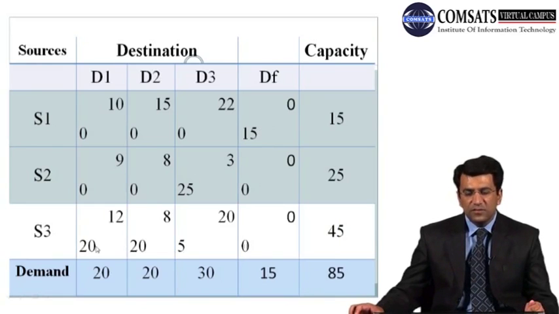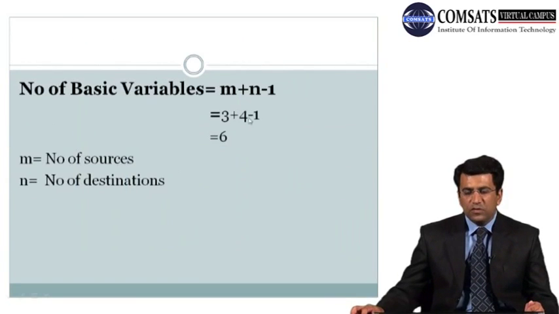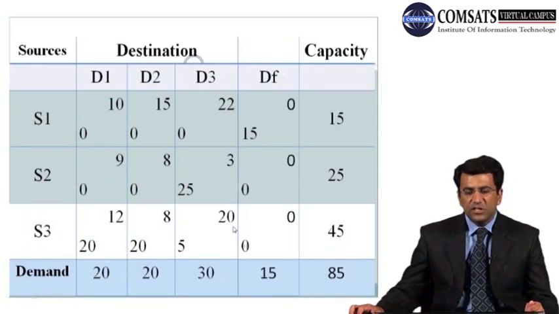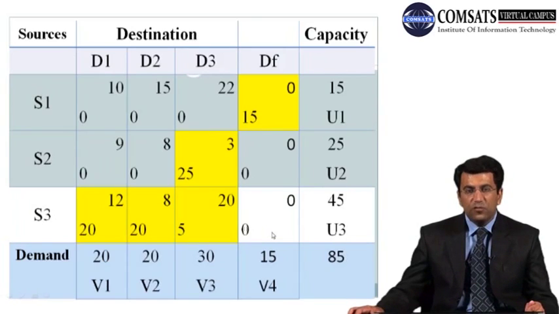There are 5 cells which are filled, all the other cells are empty. So here we have a problem. We have not discussed this sort of problem yet, because m plus n minus 1 is equal to 6, but 6 cells are not filled in this particular table. So we will have the problem.